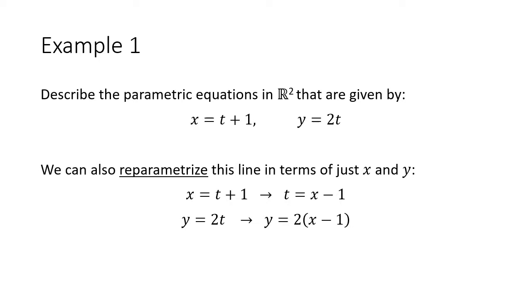So y equals 2 times the quantity x minus 1, which is 2x minus 2. And again, it's a line in space. We know from our other algebra classes that we can define this line in terms of its slope, which in this case is 2, and its y-intercept, which is the ordered pair 0, -2. And we can always define a line using slope and a point, hence point-slope form.